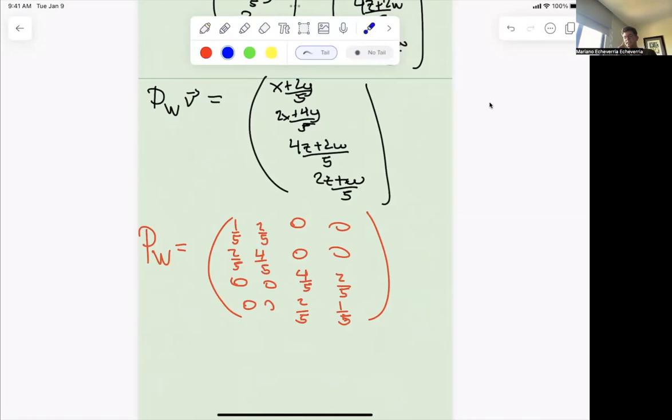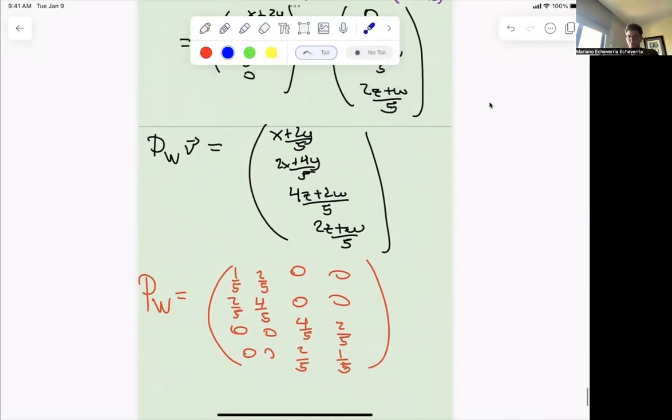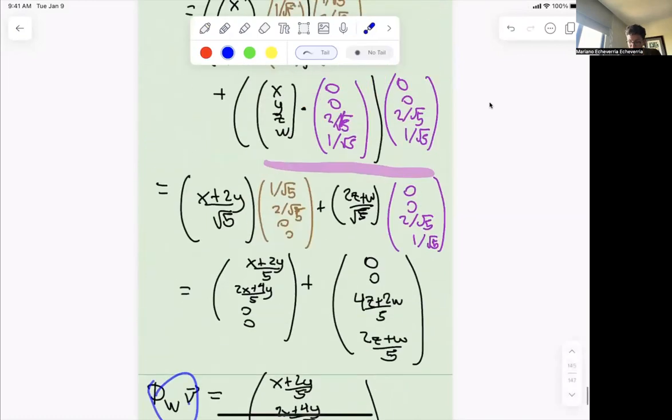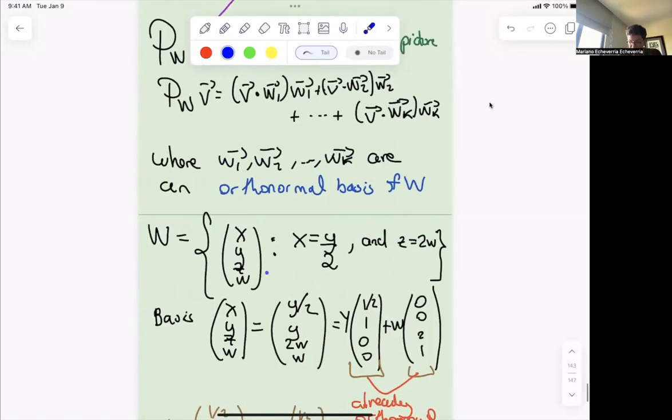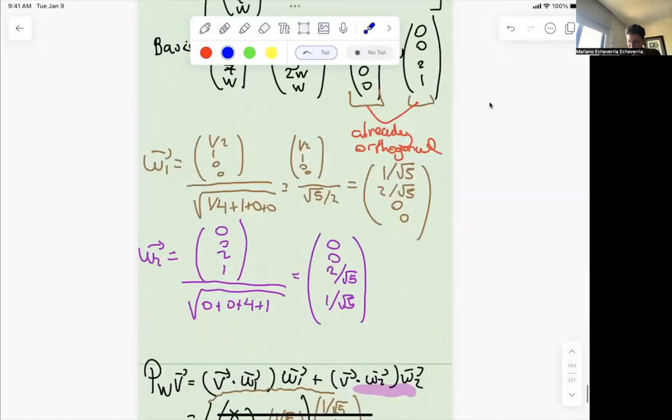So what this means is, it's better to think about it in terms of this formula. The idea of this matrix is to force the vector v to be in this vector space. To force it to be inside this vector space, its first entry should be 1/2 of the second entry.